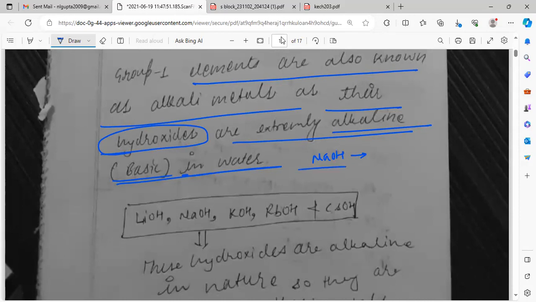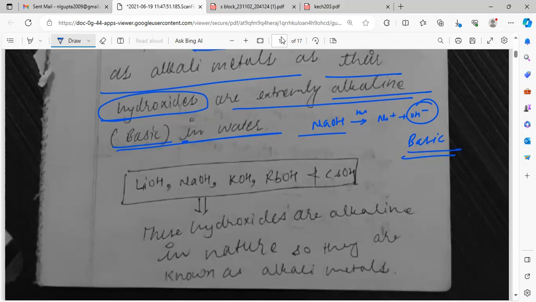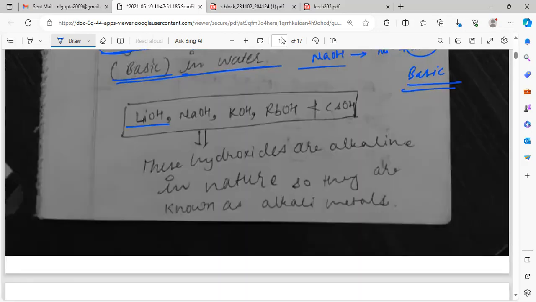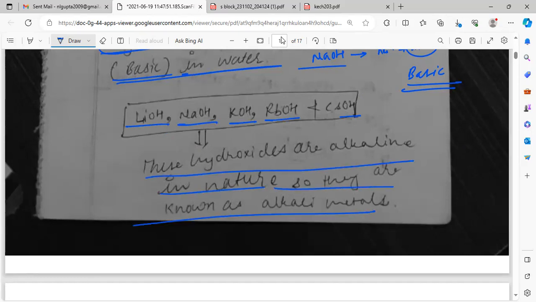If you dissolve the hydroxide in water, it gives Na+ and OH- ions. For example, LiOH, NaOH, KOH, RbOH, CsOH. These hydroxides are alkaline in nature, so they are known as alkali metals.